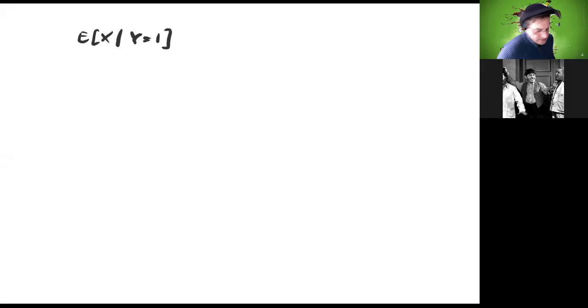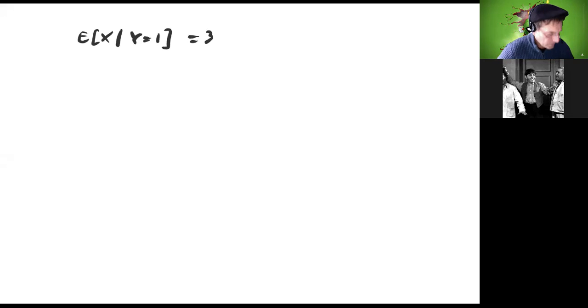What is the expected value of x given that y is 1? That's easy. If the miner chooses the first tunnel, the expected time to safety is 3 hours.